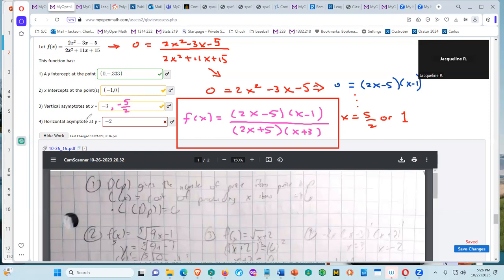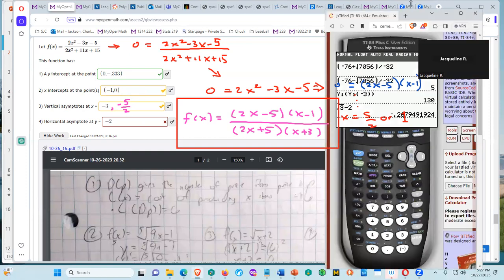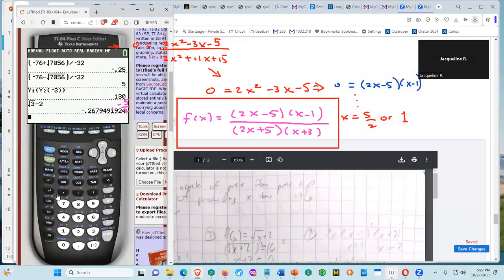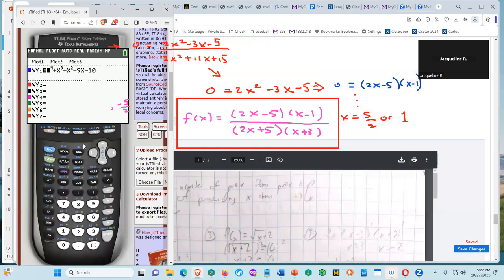You could do that the same way with go to tech, and you're going to get a 0 of -3 from the tech. No reason why you couldn't do that on a quadratic, because that is not the easiest thing to factor. So I love that tech hack on factoring, which is such a pain.